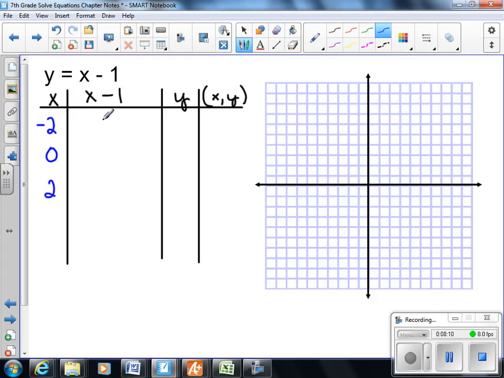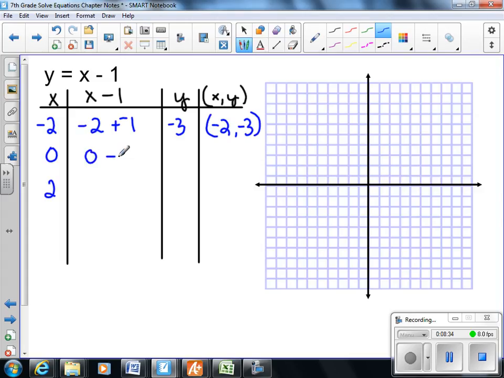So now what am I going to do here? -2 minus 1. What's the rule when I subtract? Mark, mark. So it's -2 plus a -1 gives you -3. And what's your ordered pair? -2, -3. Really reviewing those integer rules.